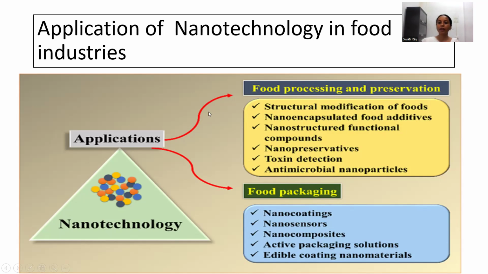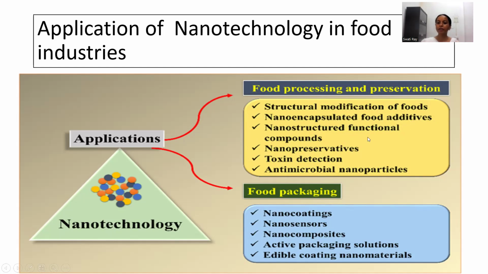Another application in food processing and preservation is nano-encapsulated food additives. Some food additives are very unstable or easily degraded under various environmental stresses, so encapsulation within nanoparticles improves the stability. Nanostructured functional compounds are another application. Functional compounds are bioactive compounds that have health-beneficial properties beyond their nutritional properties.